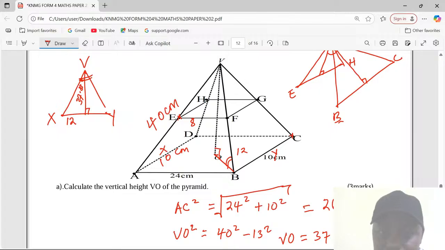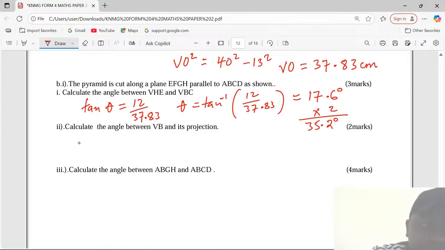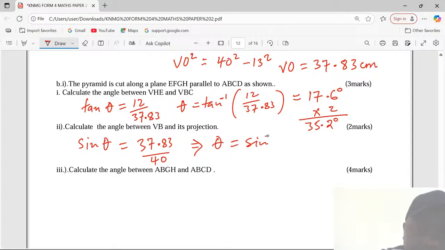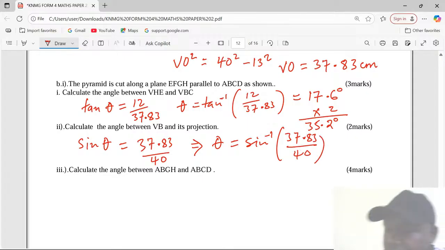Therefore, we shall say the sine of the angle equals opposite length, the vertical height, out of the hypotenuse, 40. Meaning that the value of the angle shall be the sine inverse of 37.83 over 40.